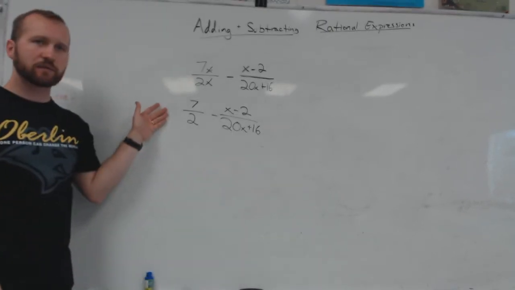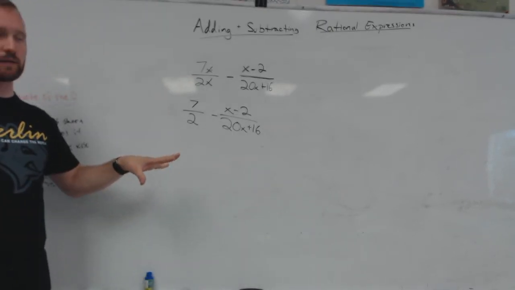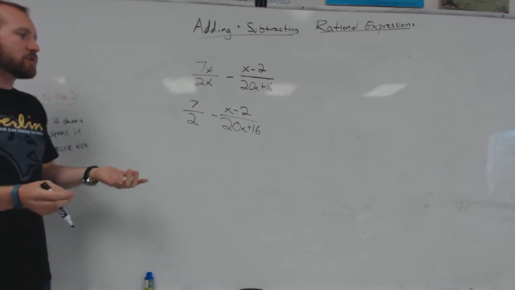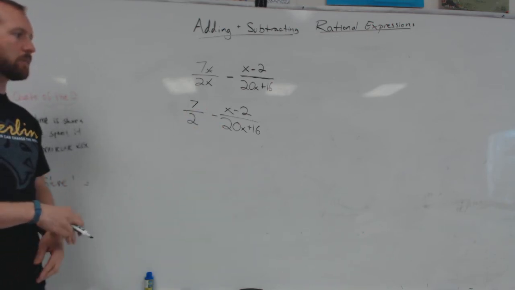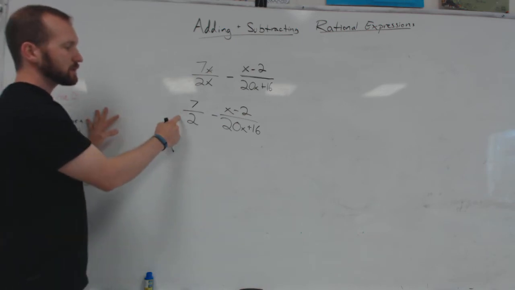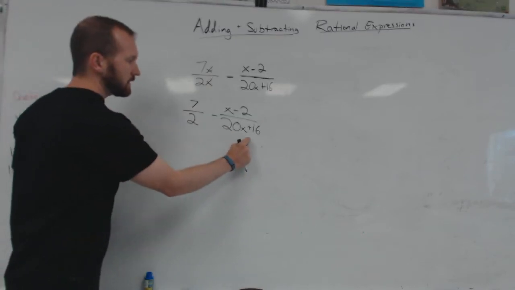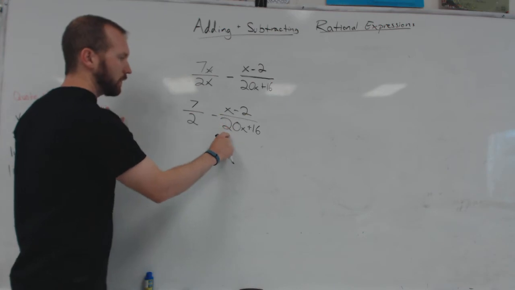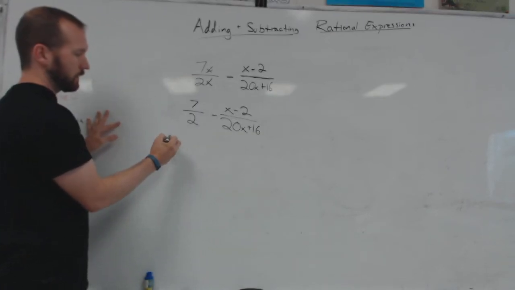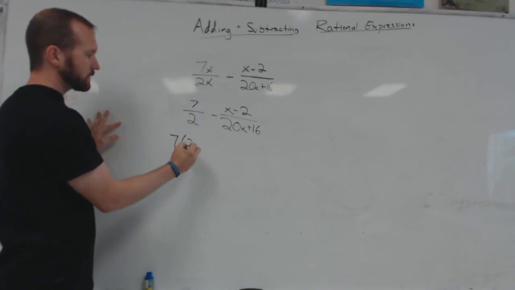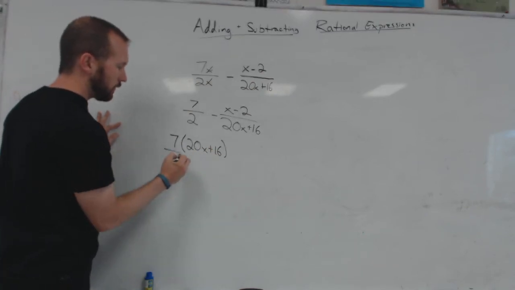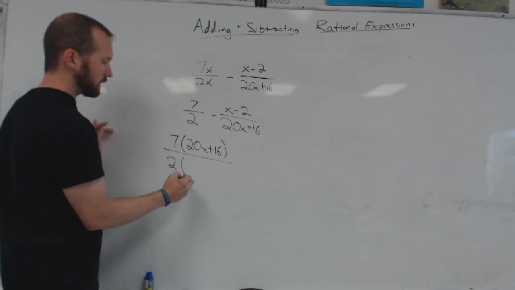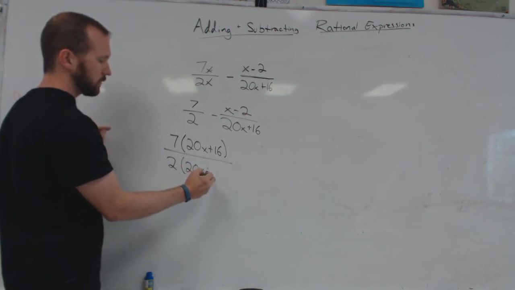You could skip this first step that I did and just go straight to the next step. Now I'm going to treat these like two fractions with different denominators. I'm going to multiply this one times this denominator over itself. So 7 times 20x plus 16 over 2 times 20x plus 16.